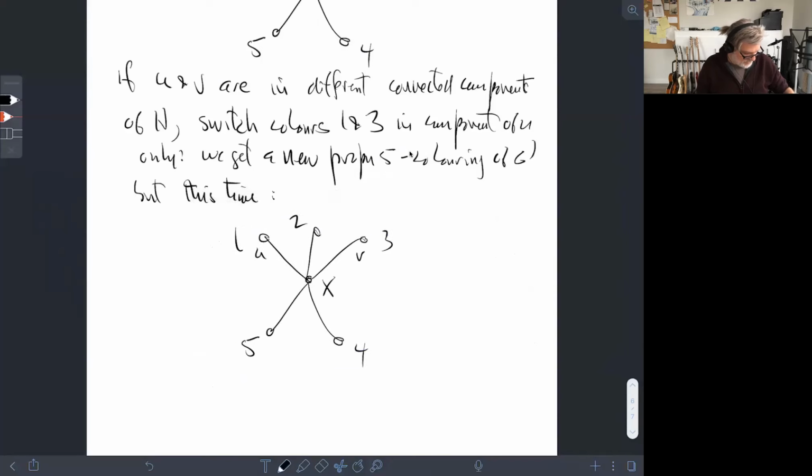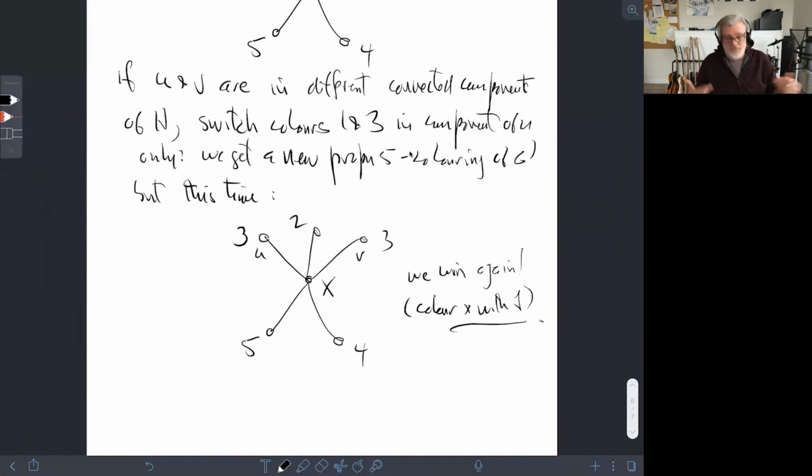By switching the colors, I switch the color on U to 3, but still keep the color at V at 3 because they're in different components, so I can switch only in one. And so we win again. Right, color X with 1. Okay. So if that happens, we win again.